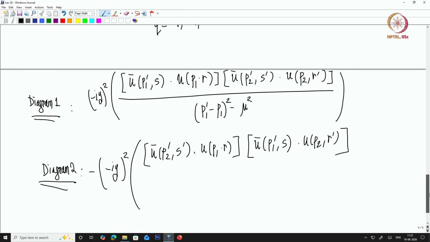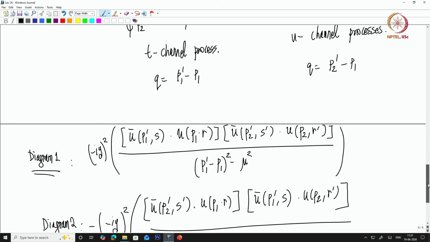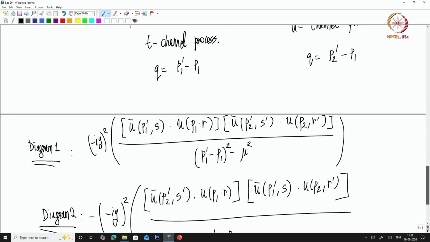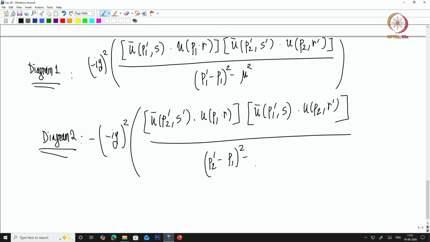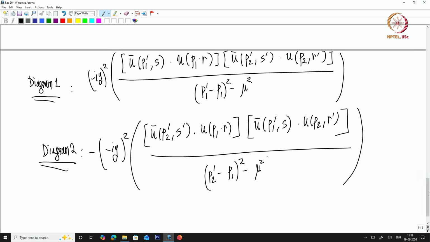Very good. You get this notation and then you divide it by p 2 prime minus p 1 square minus mu square, and there is a relative sign between these two diagrams because fermions are exchanged. This gives me the amplitude much simpler and much faster compared to what we got using the Wick theorem notation and Wick diagram notation.